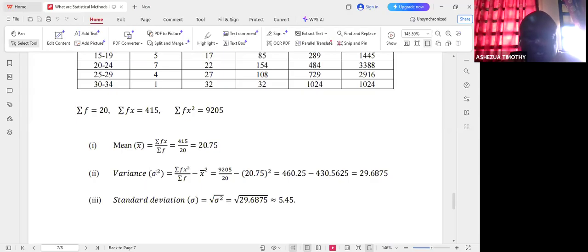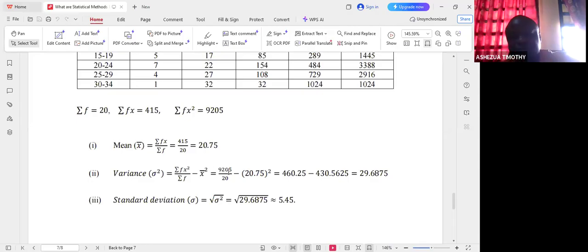For the variance, which is sigma squared, you have sum Fx squared all over sum F, minus X bar squared.